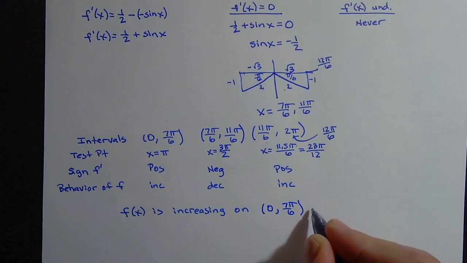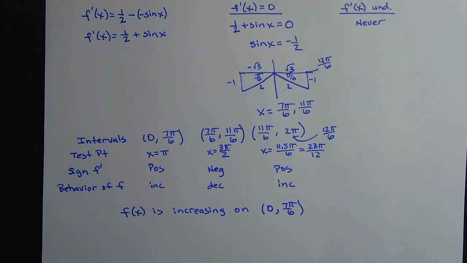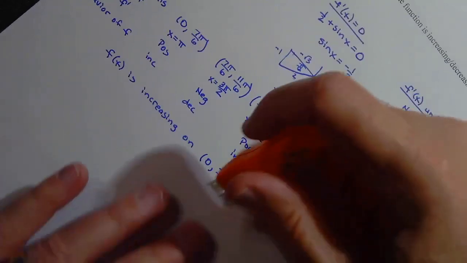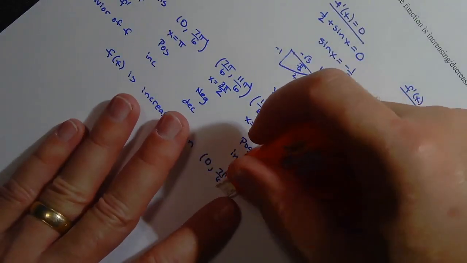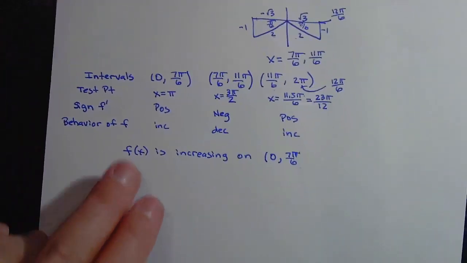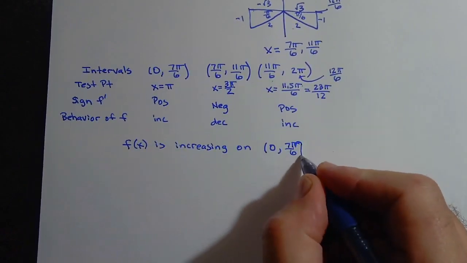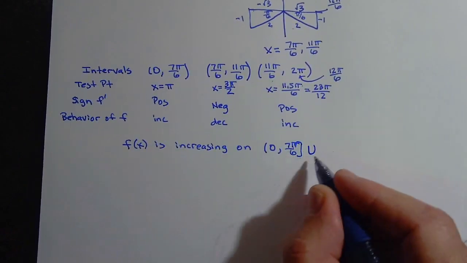And then, I'm sorry, I should have put a bracket on that. You probably were just saying that to yourself. So let me white out that. Okay, so 7 pi over 6 with a bracket, and then a union. You could also write and.